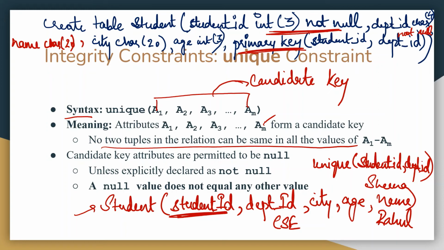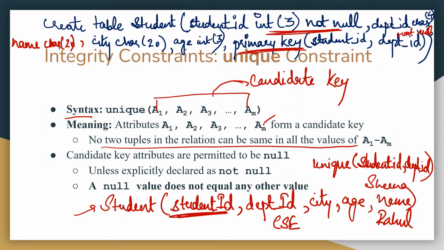So when I say that a particular attribute or an attribute combination is a primary key, it means that the values of that attribute, or attribute set, meaning combination of attributes, can be anything, but they have to be unique and they cannot be null.